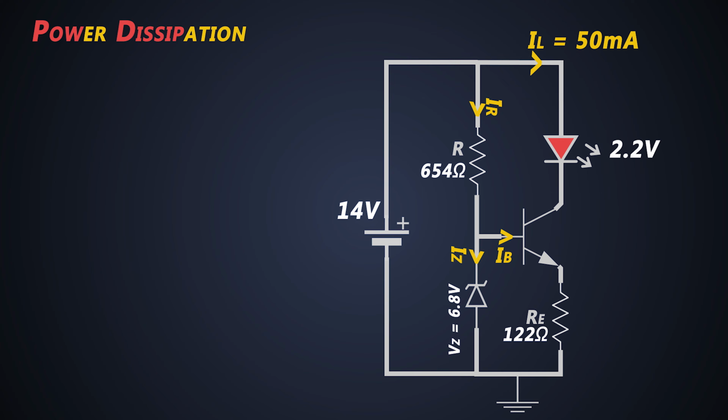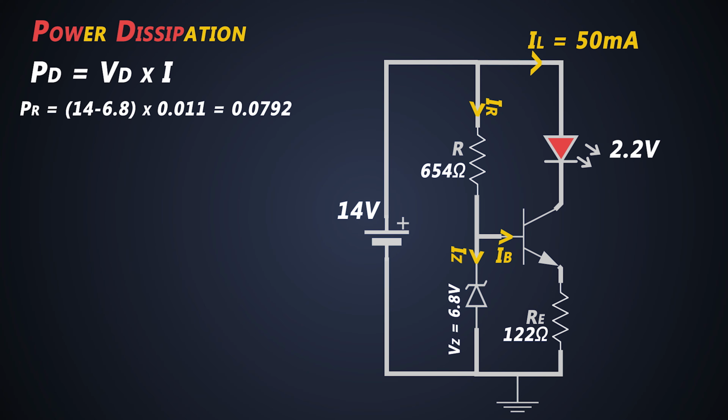Now the power dissipation of the circuit can be calculated as voltage drop across the components and current flowing through each of them. So the power dissipation of this resistance will be around 79 milliwatts. The power dissipation across the RE will be around 0.3 watts.